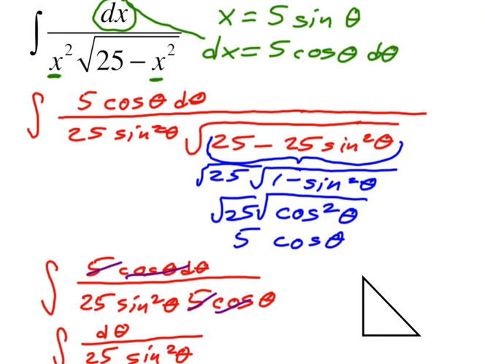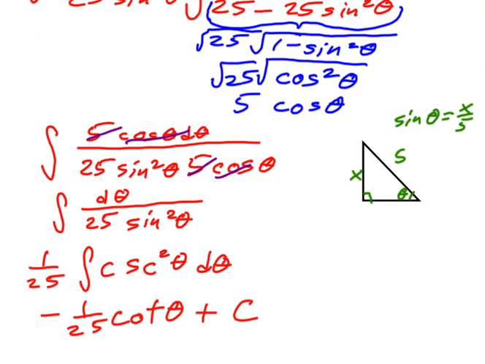If x is 5 sine theta, another way of saying that is the sine of theta is x over 5. So I'm going to label one of these angles, so this is a right triangle, by the way, theta, from our substitution. And if the sine of theta is x over 5, that will be opposite over hypotenuse, so the opposite over hypotenuse being x over 5. So this triangle represents the substitution.